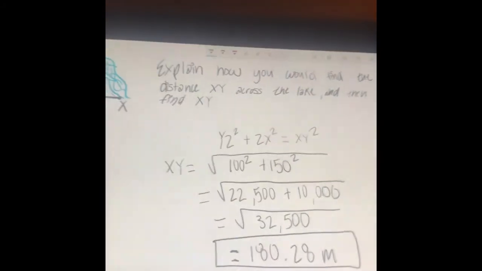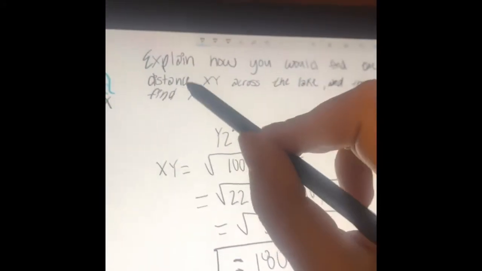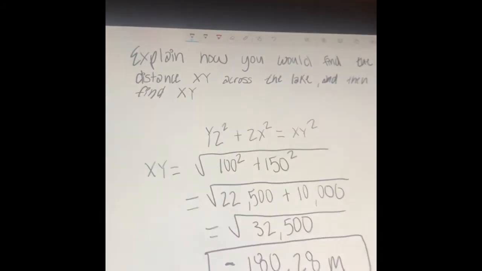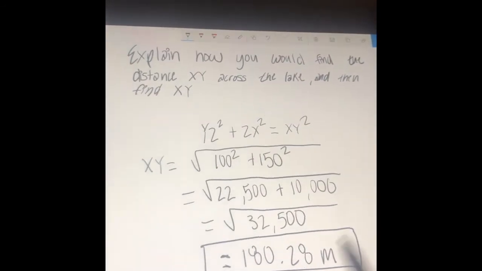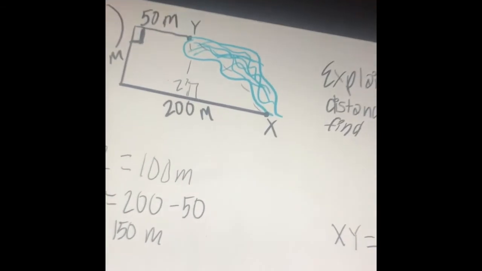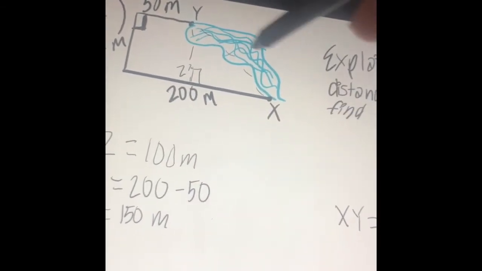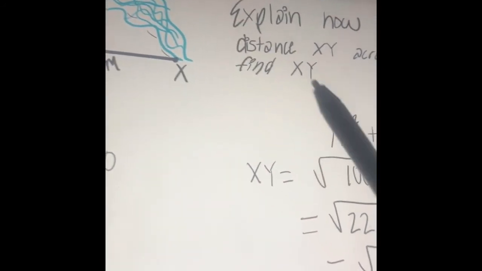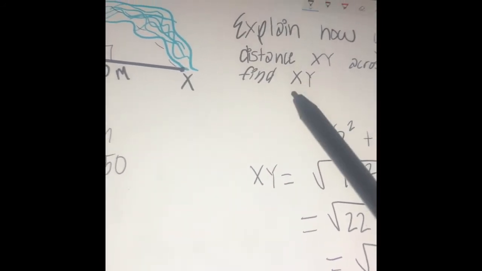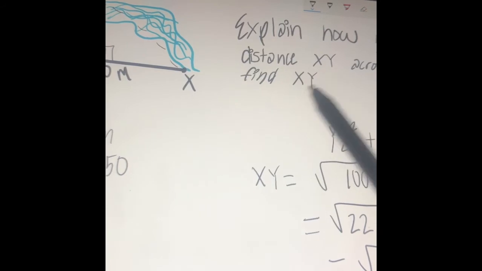Essentially, in this question, in order to find the distance XY, this is our distance XY, we use the Pythagorean theorem stating a squared plus b squared equals c squared. This is our hypotenuse, meaning we found the hypotenuse XY.